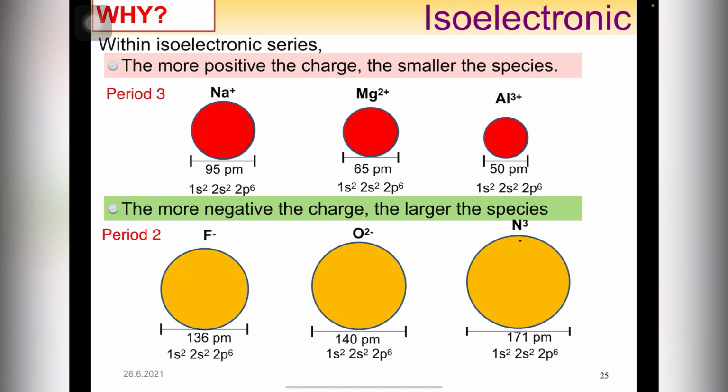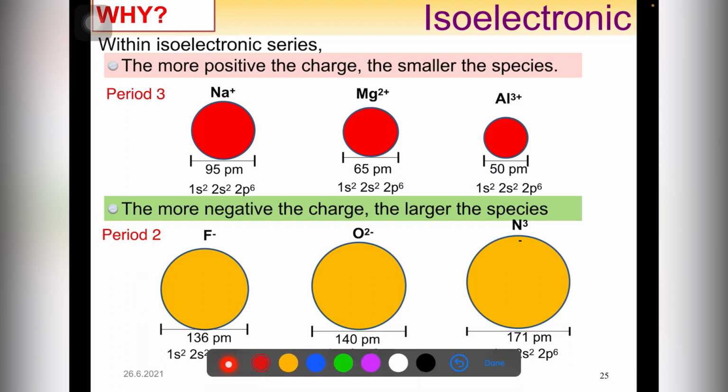The electronic configurations are the same, but you can see here that the sizes are different. You see that the more positive the charge, the smaller the species. For example, we have Na+, Mg2+, and aluminium 3+ ion. The more positive, aluminium 3+, is the smaller species.